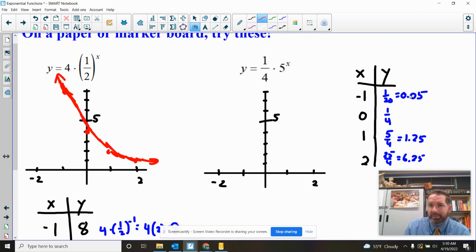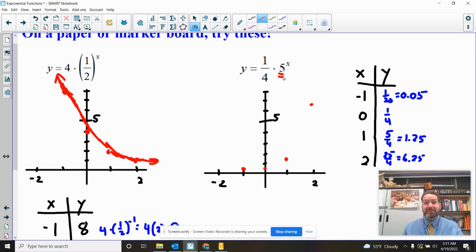So at -1, 0.05, it's just real low. So I'm just putting a point here, real low, not quite on the axis yet, but very low. 0 and a fourth, well, that also should be real low. 1 and 1.25, so something like this maybe. And then 2 and 6.25.